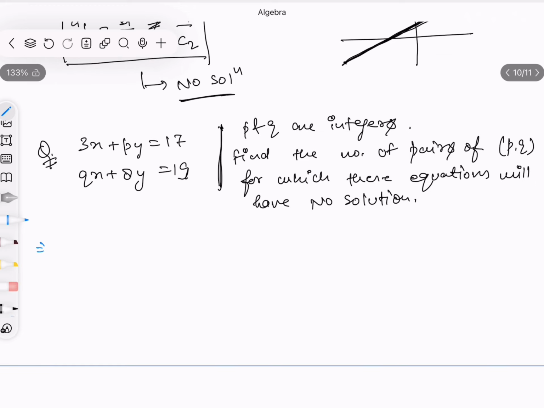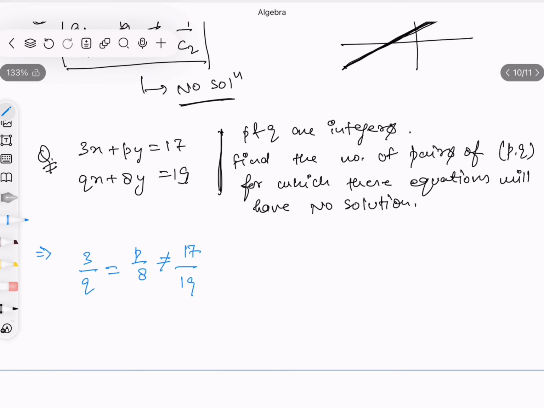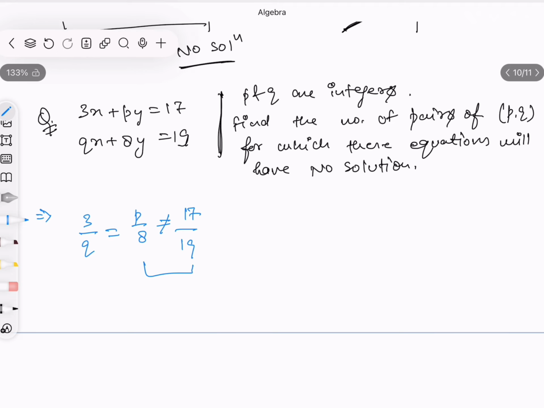You have two equations, and I told you if you have no solution, then this condition holds true. So let's do that. A1 is 3, A2 is q, so 3 upon q equals p upon 8, which is not equal to 17 upon 19. If we take the last two, p by 8 is not equal to 17 by 19, so p is not equal to 17 multiplied by 8 upon 19.